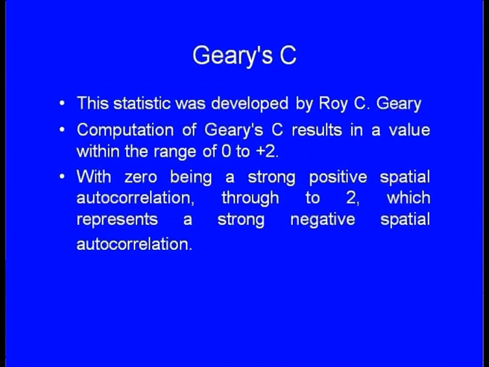Geary's C index. This statistic was developed by Roy C. Geary. The computation of Geary's C results in a value within the range of 0 to +2, with 0 being a strong positive spatial autocorrelation through to 2, which represents a strong negative spatial autocorrelation.